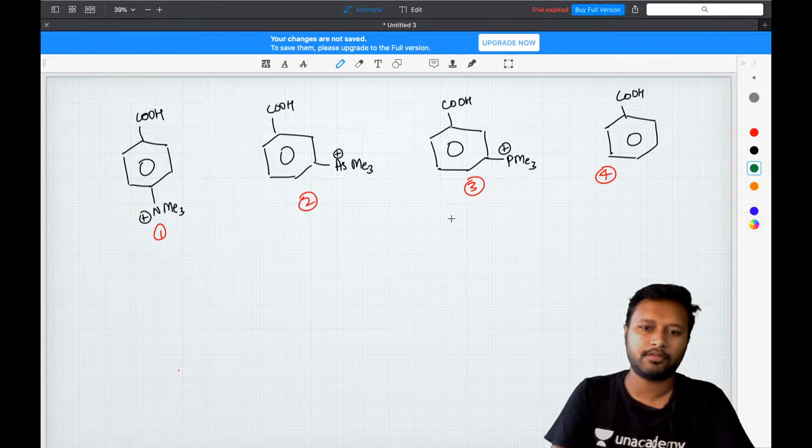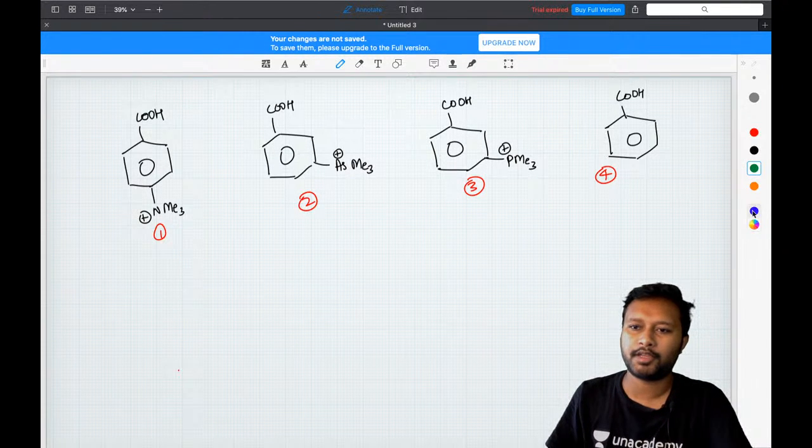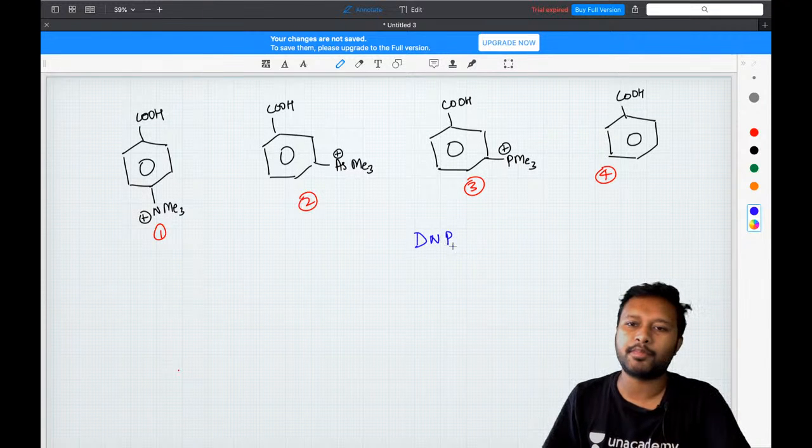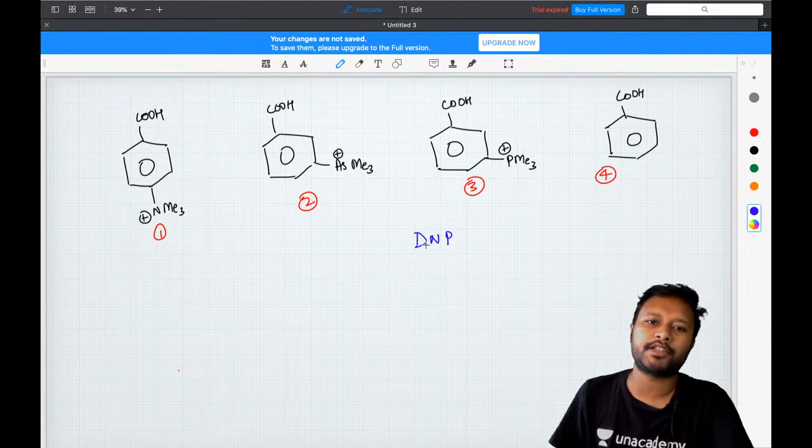All right, sorry about that, there was some disturbance from the background. We have these molecules, we have to arrange them in the order of acidity. You remember the inductive effect I told you about, which follows the DNP rule: distance, number and power. First look for the distance.